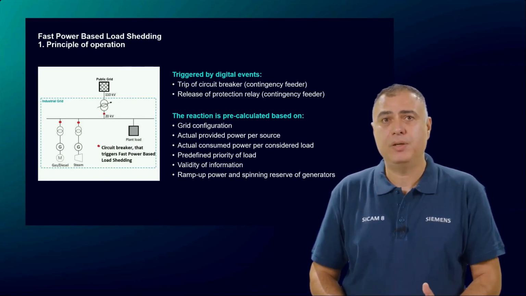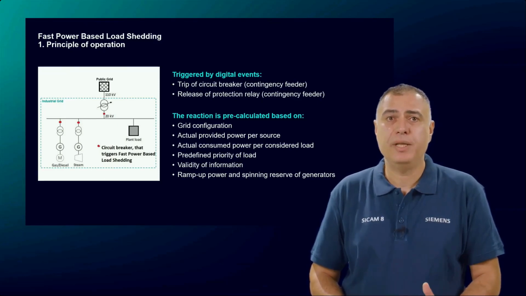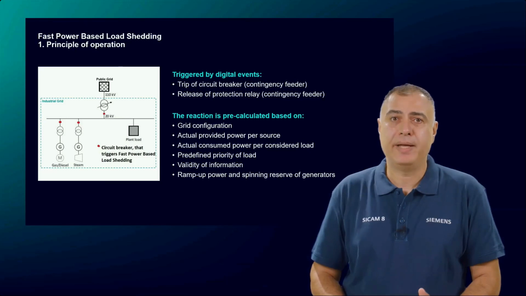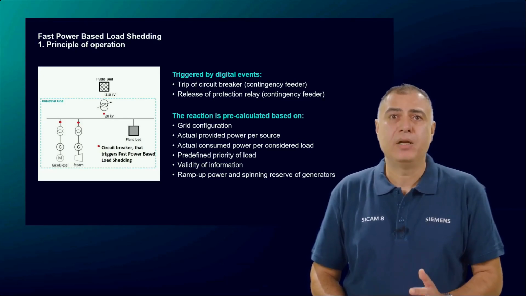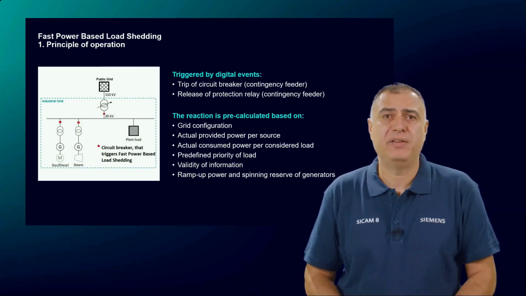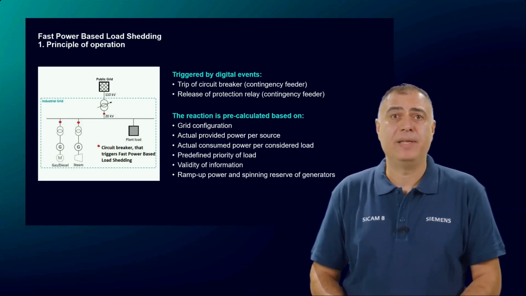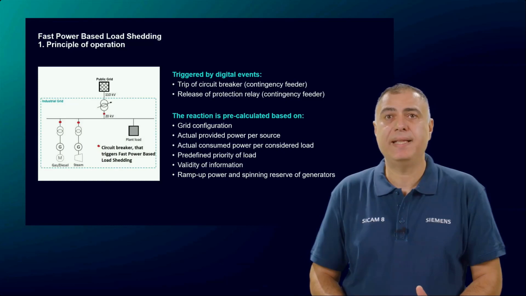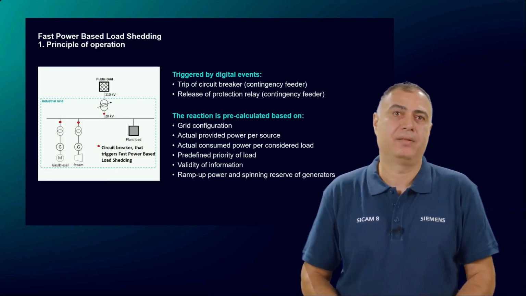Taking into consideration the parameters we just mentioned, the load shedding controller pre-calculates in advance what loads need to be shed if a contingency feeder would trip. With the result of these pre-calculations, the fast power-based load shedding solution is able to compensate a loss of power source within a few milliseconds.